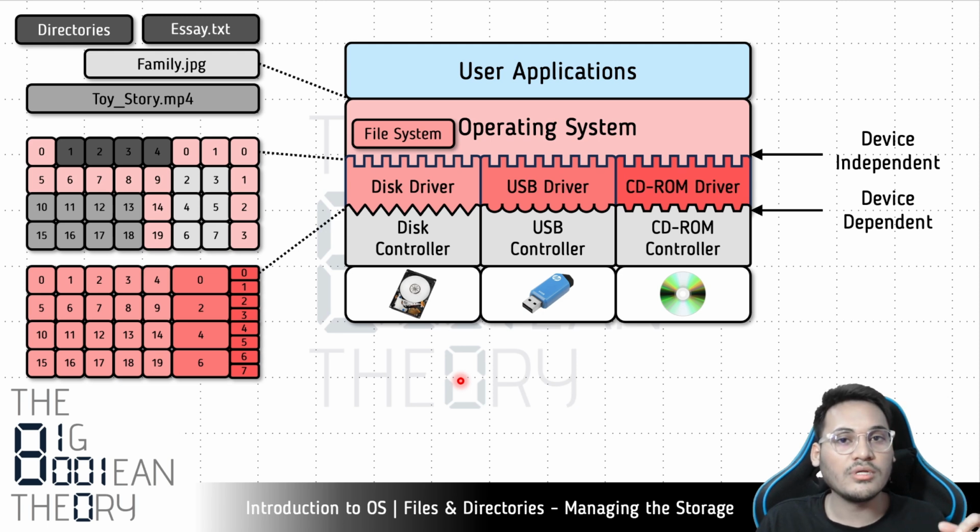There are several other things that the operating system does while managing these storage devices. I'll not go into the details of all of them, but just mention them in brief. The operating system has to ensure that the data being written to the disk is written in a reliable fashion, because if there is any system crash, that data has to be written reliably, since we are not relying on the primary memory, we are relying on the persistent storage. So reliability is one thing the operating system has to take care of, right?